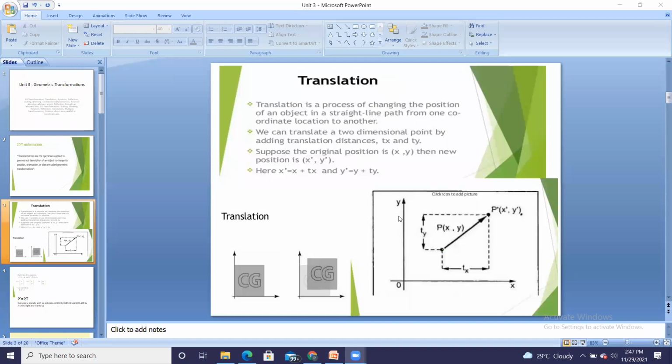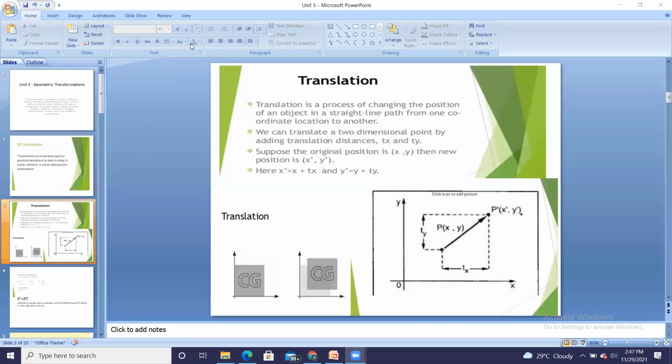Now next, we are going to see how to get this result, because every time we get the new coordinate just by addition. But here it is a single point.